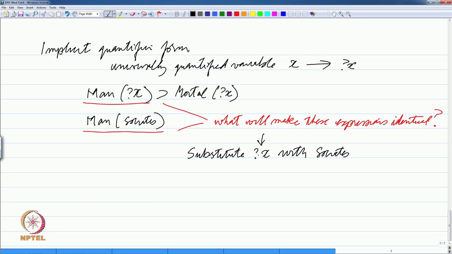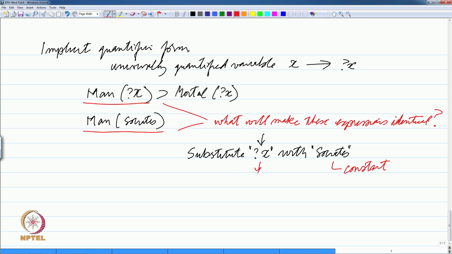So, substitute the string x with the string Socrates, and again you must keep in mind that this is a constant in my language. So, I can substitute it with a constant. In fact, I can substitute it with any term essentially. In this case it happens to be a constant and this is a variable. So, I can substitute a variable with a constant or any term essentially. Let me actually write term here.